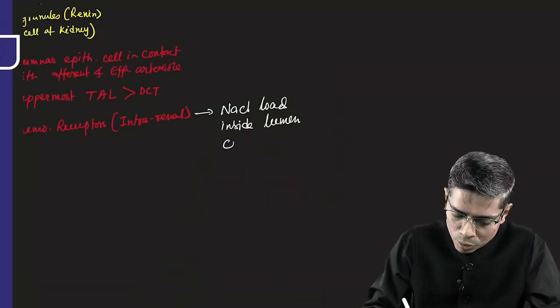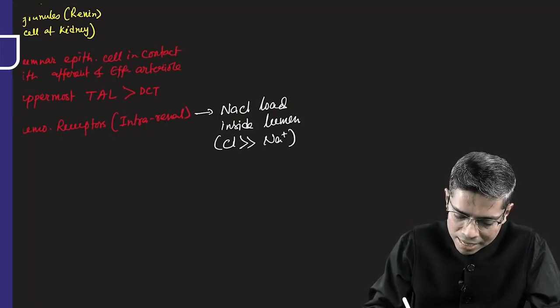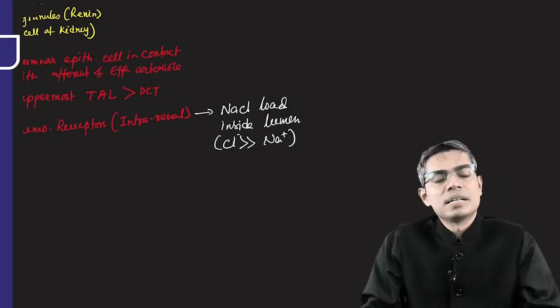Now if you read Goodman and Gilman, they say that between sodium and chloride, chloride is more important for this macula densa cell. Although we have read that macula densa is a sodium sensor cell, I am not saying that is wrong information. It can sense both sodium and chloride, but according to Goodman and Gilman, chloride is the more important substance than sodium for activation of the macula densa cell.